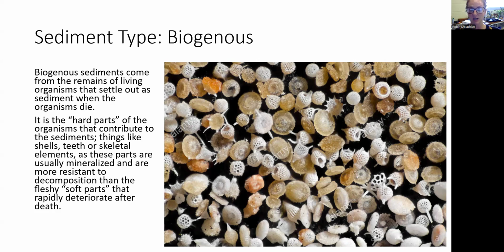It can include things like shells, teeth, skeletal elements, parts that are mineralized and don't decompose when the soft, fleshy parts inside do, right? So you have a tiny little seashell, the soft organism inside decomposes, its shell becomes part of the sediment. That's biogenic sediment.